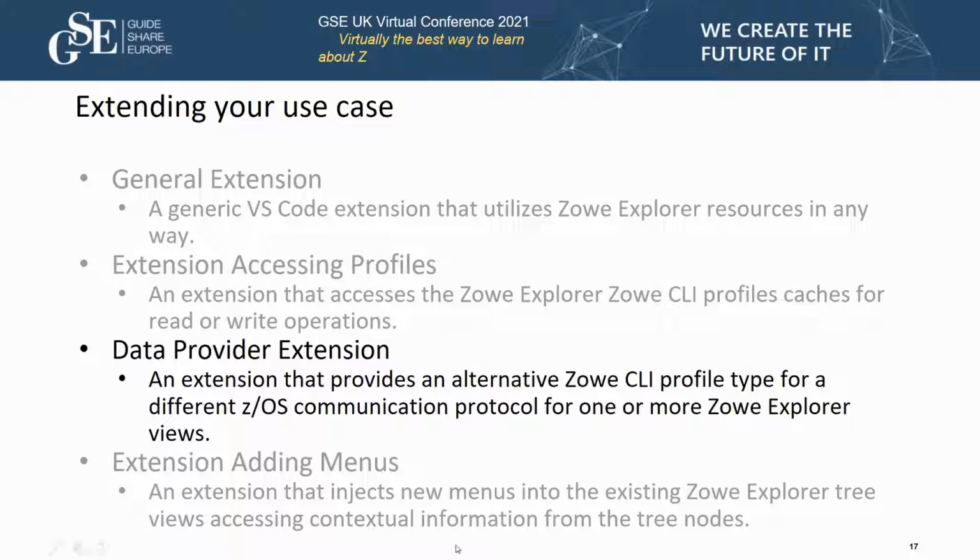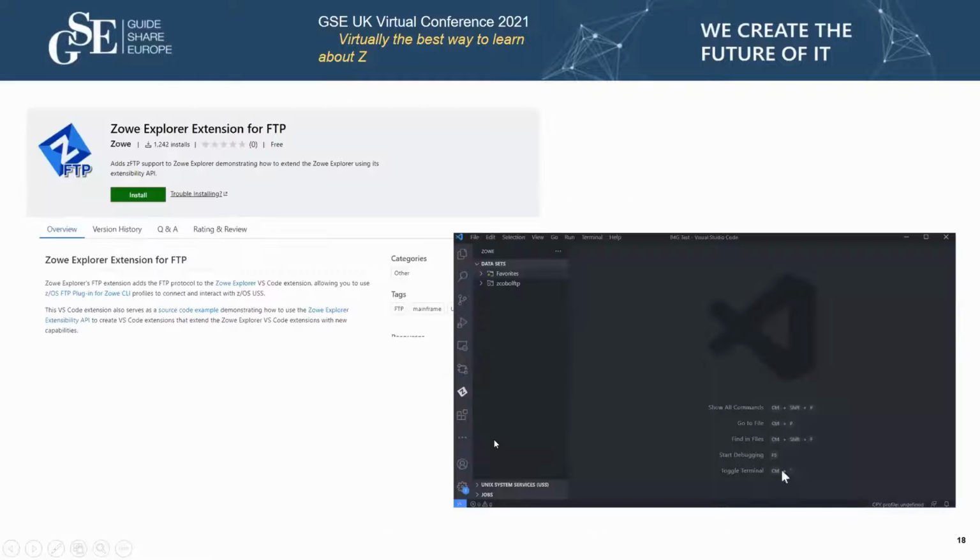The example that we have here is the FTP extension. The Zowe Explorer extension for FTP is maintained by our squad, the Zowe Explorer squad. It provides capability to Zowe Explorer functionalities, but instead of using the default z/OSMF, it uses an FTP connection.